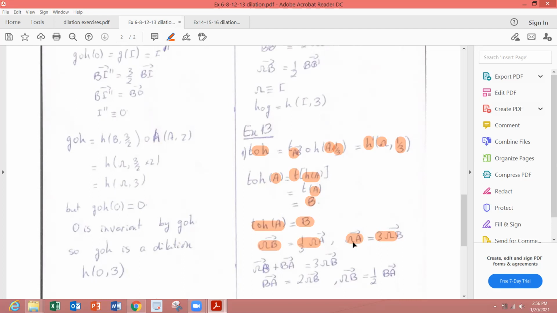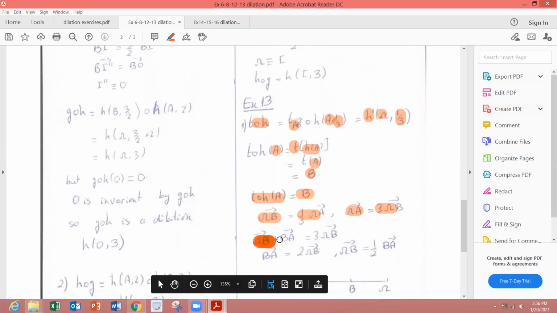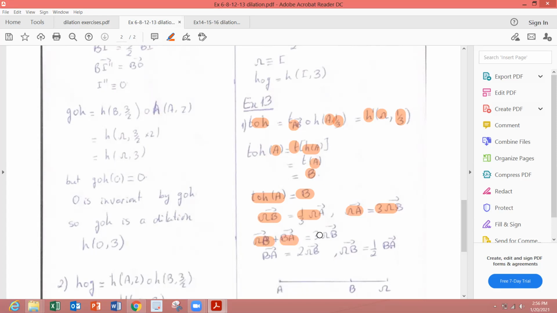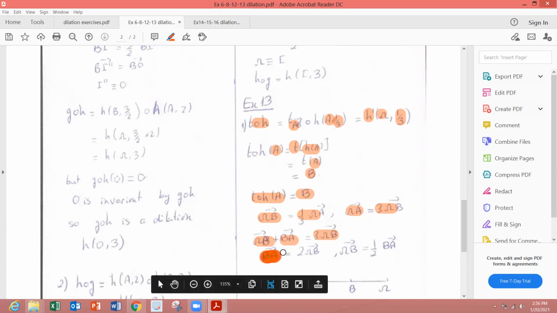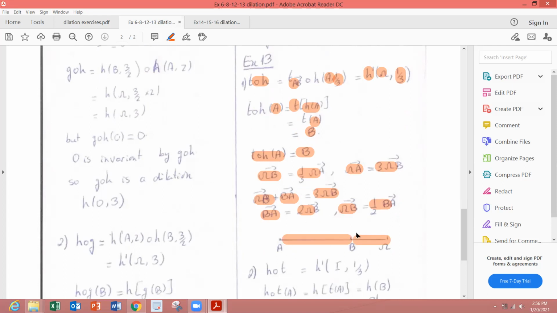So here I introduce B to the left side: omega B plus BA equals 3 omega B. This means BA equals 2 omega B, so omega B equals half BA. Pay attention: omega B and BA have the same sense. So omega will be here, not the midpoint.